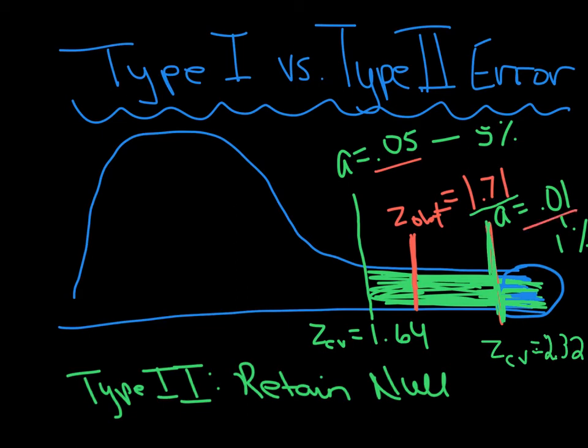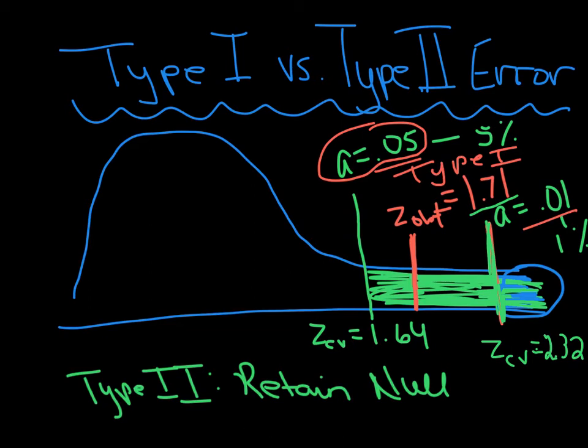So in this case, at 0.05, we're looking at a type 1 error because more than likely our test statistic was significant because our alpha level was not stringent enough, meaning it wasn't strong enough. It should have been maybe at 0.01 instead of 0.05.